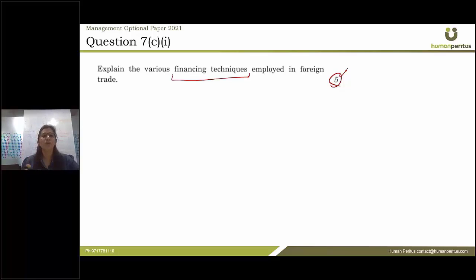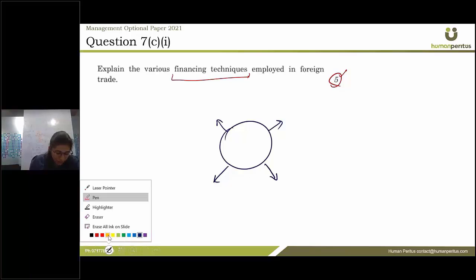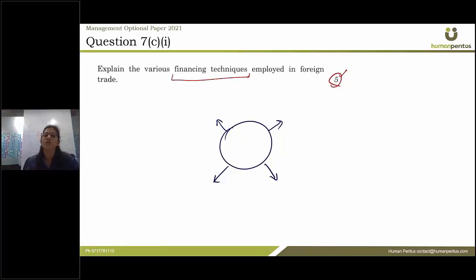Also, one more thing you can do is in one line you can write the name of the other techniques also and explain just 4 or 5 of them. All right. So, following that pattern only, let us understand various financing techniques here. First is bank. And one more thing, if you represent it diagrammatically, that would be very interesting for the examiner, because he would understand your ideas in one go, like what you want to convey through your answer.